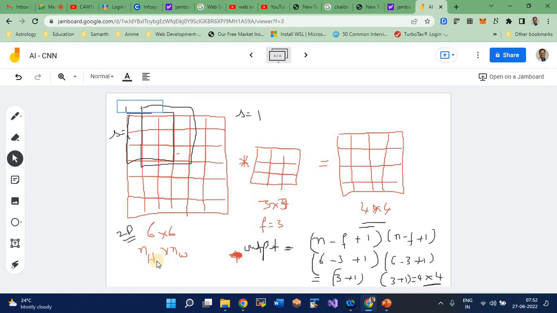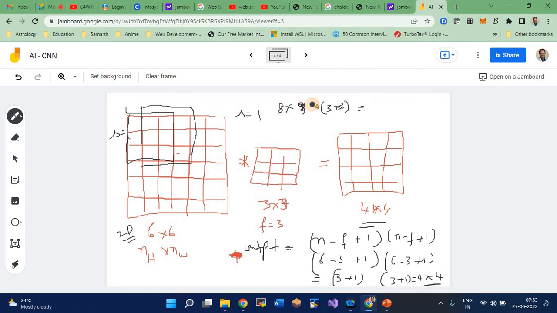Now if I take 8 by 8, let's say 8 by 8 pixel convoluted with a 3 by 3, what is the output? You tell me now.